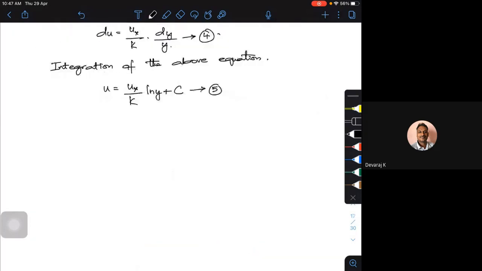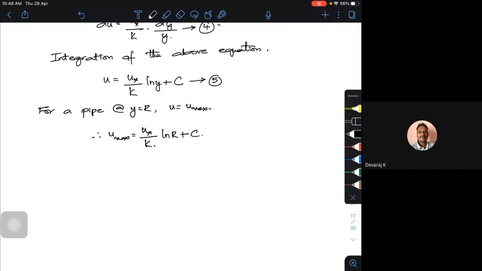So for a pipe at y is equal to r, your u will be equal to the maximum velocity. Or I can write this equation: u max is equal to u star by k into ln of r plus constant.